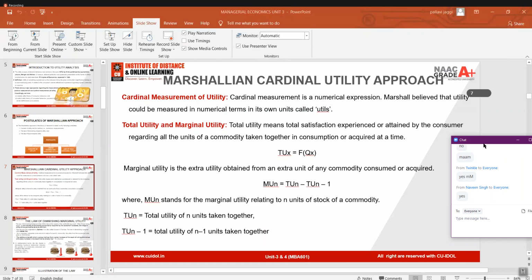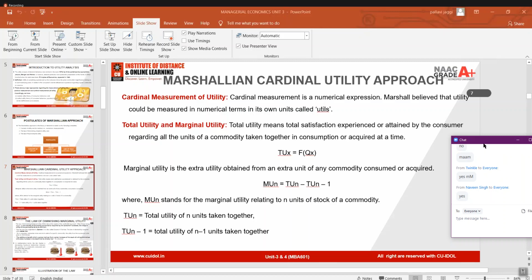By consuming the first unit, you are getting 10 satisfaction. By consuming the second unit, you are getting 15 utils, and by consuming the third unit you are getting 20 satisfaction.